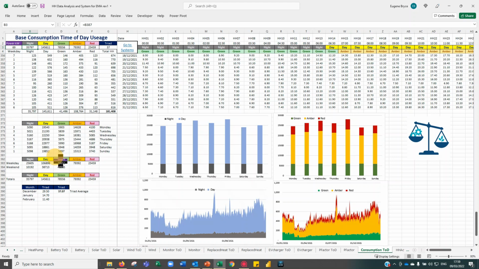So that's our total kilowatt hours in the day. Similarly, that's the summed or stacked day and night, and this is the stacked green, amber, red.